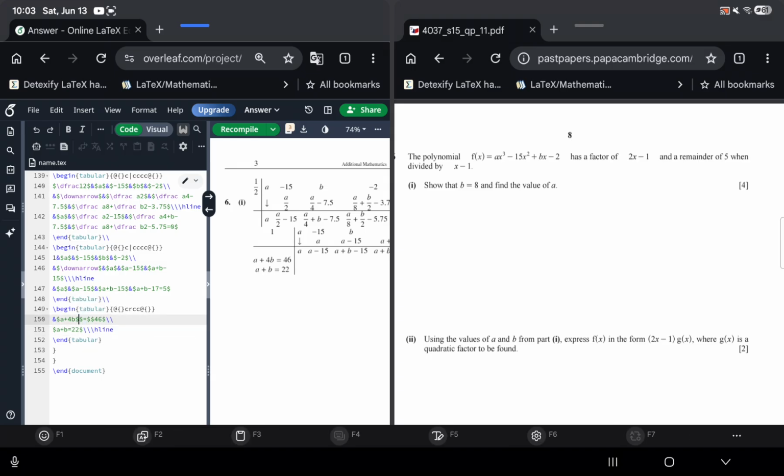Okay, so it would be this, and this would be minus. Nice. If we recompile, we get this monster, which we have to calm down.